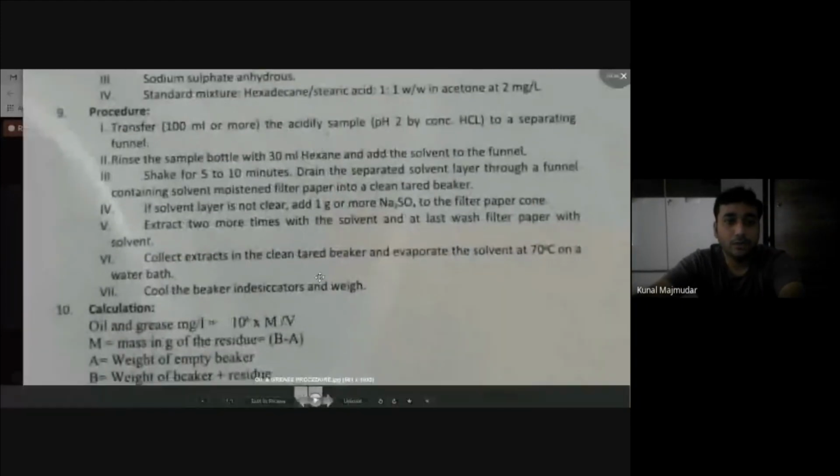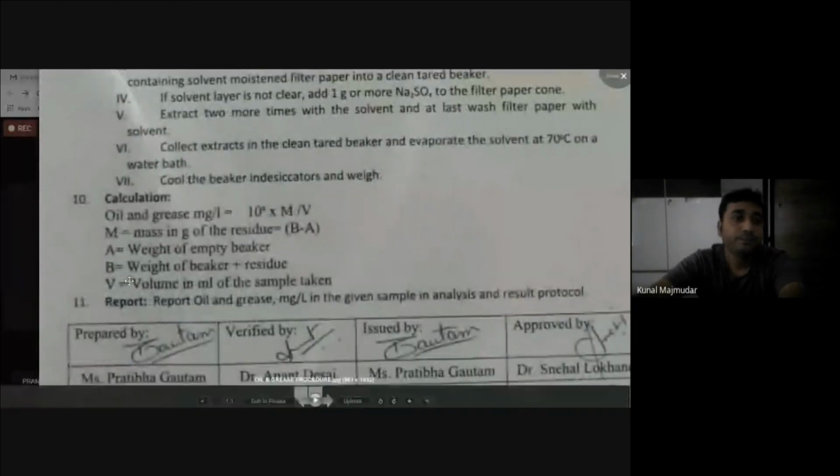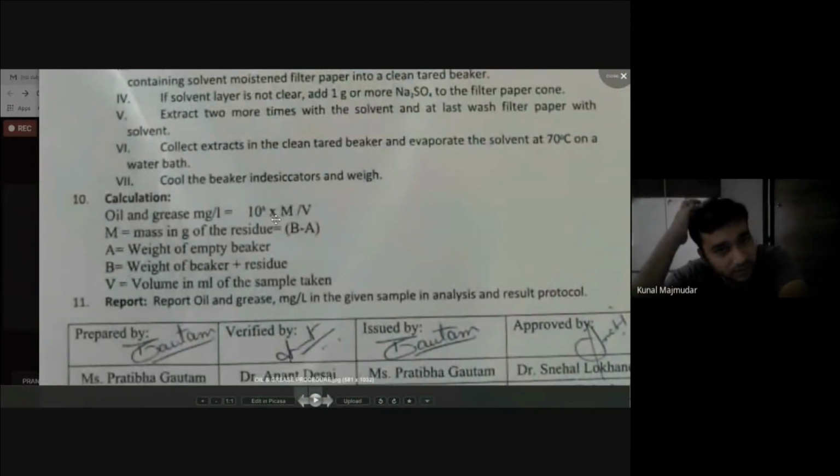Now how to calculate? Calculation part. Oil and grease is equal to 10 raised to 6 into M by V. What is your M? M is the mass in grams of the residue, B minus A. What is your B? B is the weight of beaker plus residue, that is your final weight of the beaker, which was around 100.120 grams. What is your A?